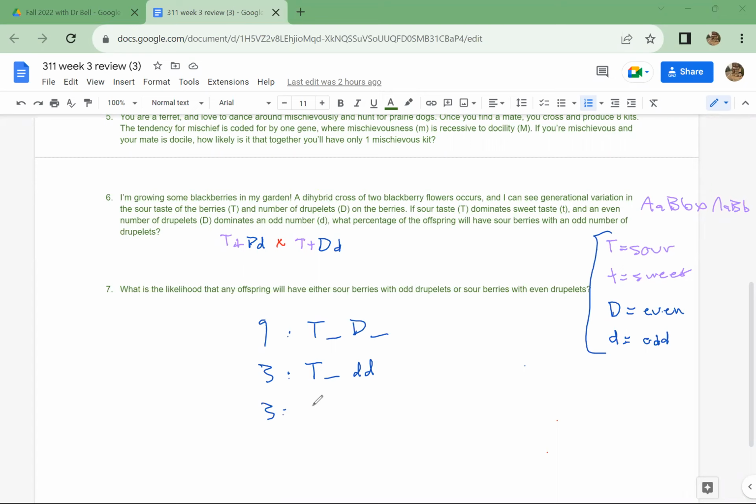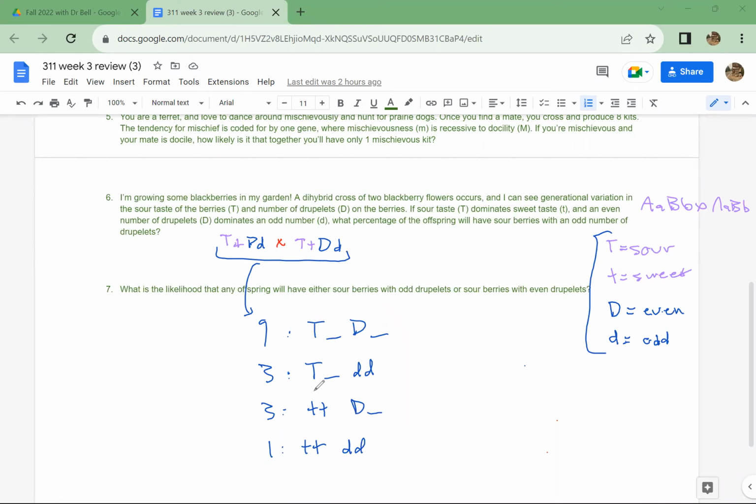Another 3 of them will have 0 dominant alleles at the first locus, and at least 1 dominant allele at the second locus, and 1 of them will have no dominant alleles at the first locus and no dominant alleles at the second locus. This is the very familiar and easy to remember result of our dihybrid cross. And these are the genotypic results of that cross.